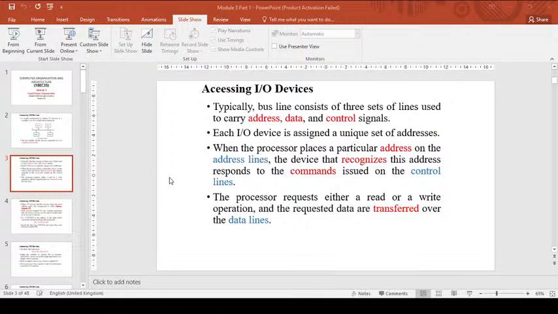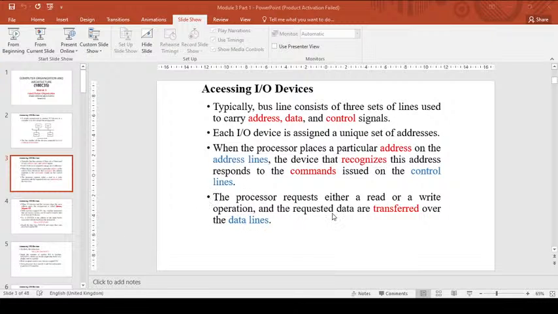For example, with memory mapped IO, any machine instruction that can access memory can be used to transfer data from or to the IO device. This is also discussed in the second chapter. Any instruction which is used for data transfer can be used for accessing the memory mapped IO, so the move instruction is used here.